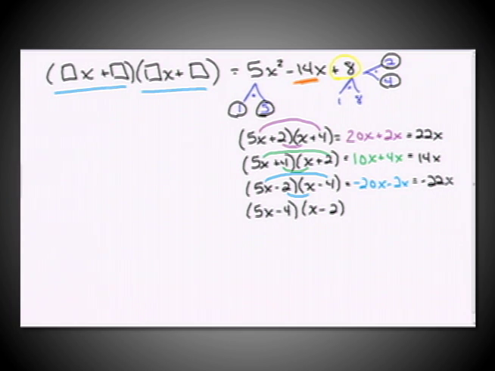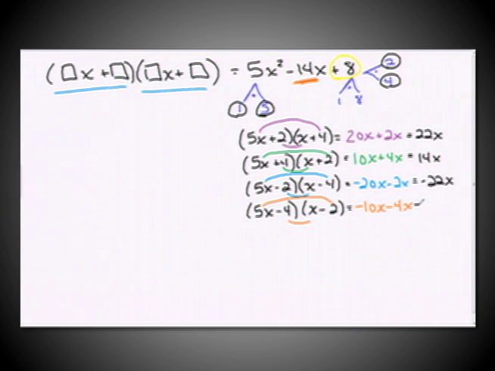Still not there. Last, but by far not least, multiplying the outside and the inside terms for this last set of binomial factors, we get negative 10x and negative 4x.